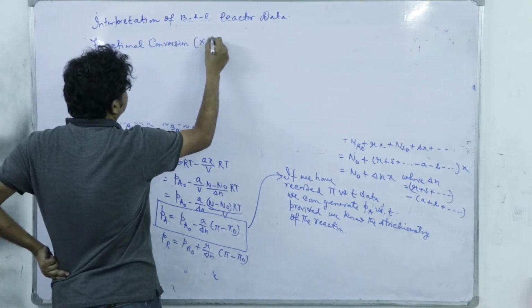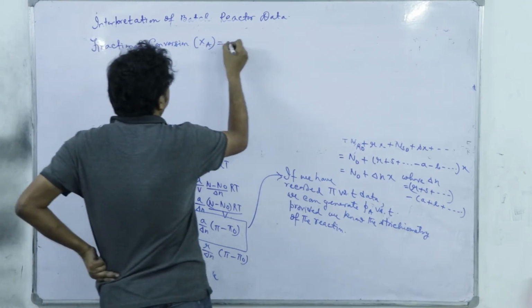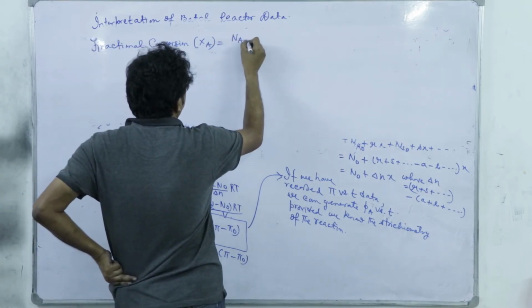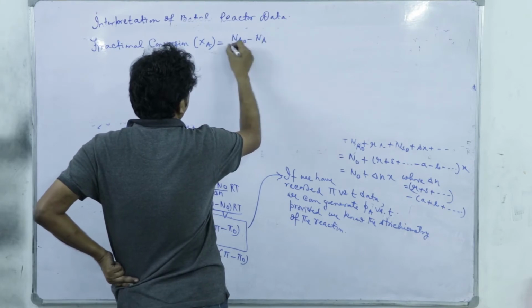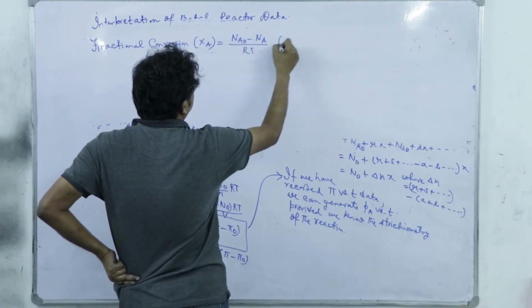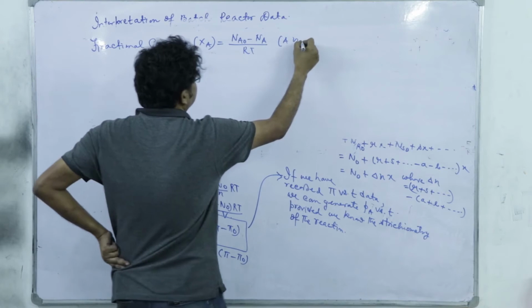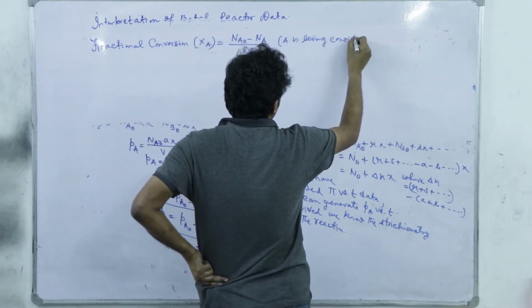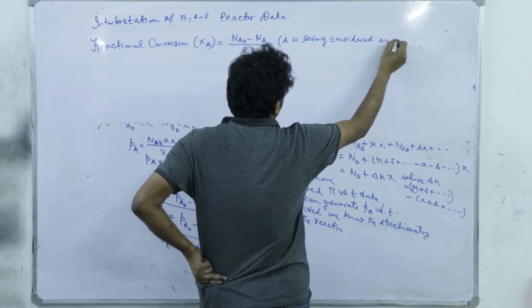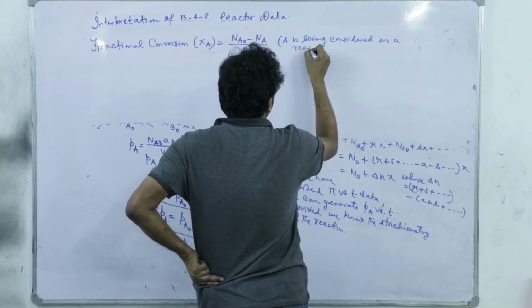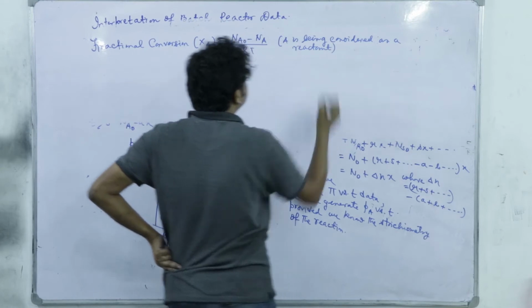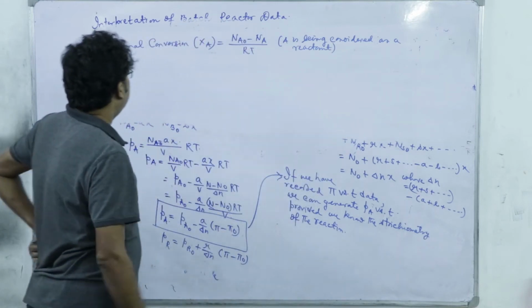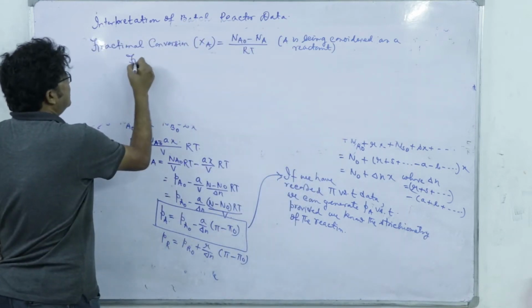Xa, say it is for A, is equal to Na0 minus Na by Na0, where A is being considered as a reactant, for a constant volume system.